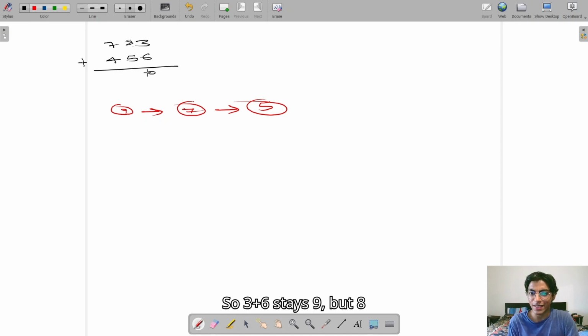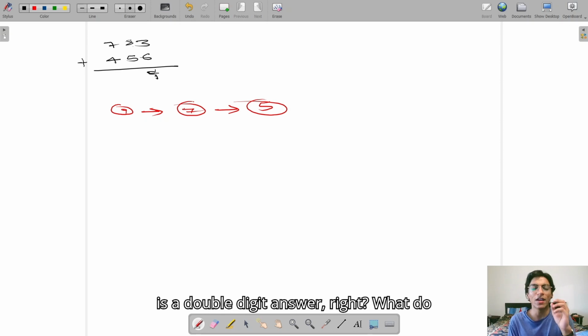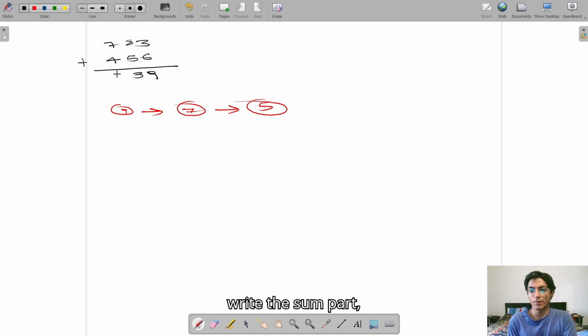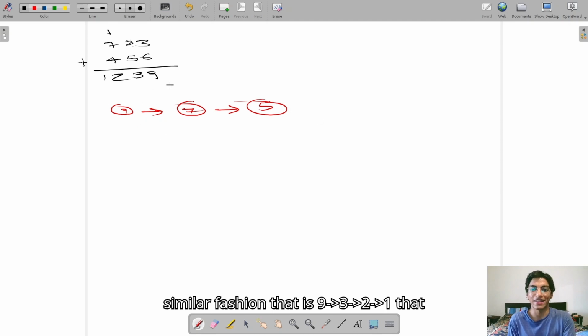So 3 plus 6 stays 9, but 8 plus 5 now is not a single digit answer, it is a double digit answer, right? What do we do in case of double digit answers? We write the sum part, we remove the carry, we add the carry in the next operation. So we get 1 plus 7, 8, 8 plus 4 is 12, 12, 39, and we'll return the answer in a similar fashion, that is 9, 3, 2, 1. That will be the linked list that we return.